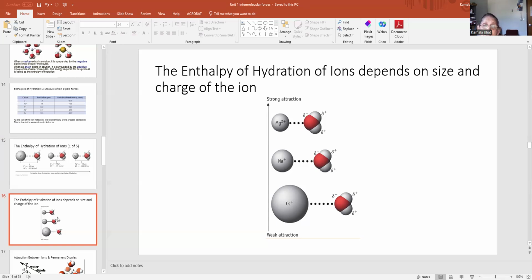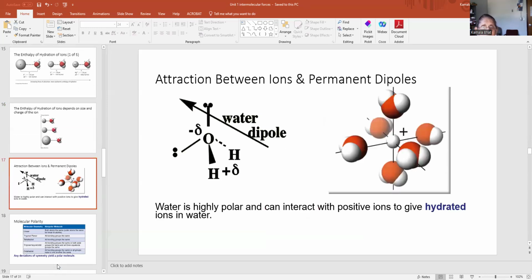Sodium is larger than that, and it shows. And as we go down the group, the hydration enthalpy decreases because of the weak attractive forces that exist. The attraction between ions and permanent dipole.